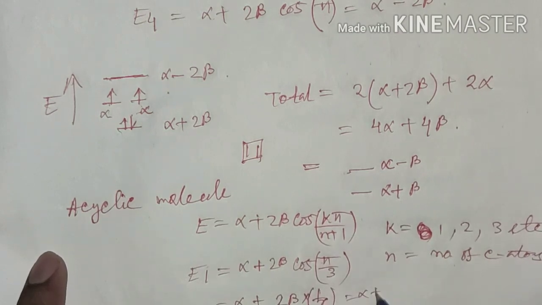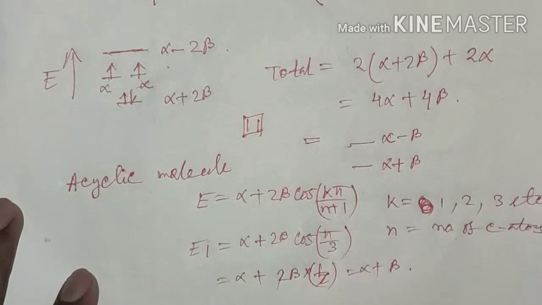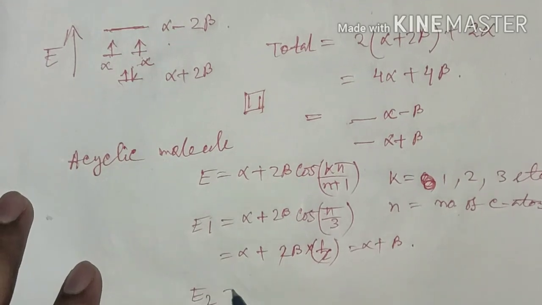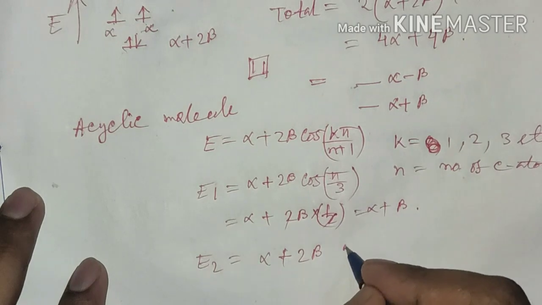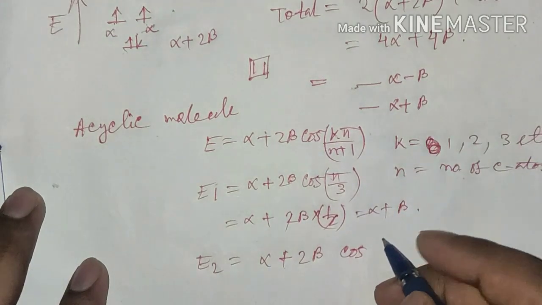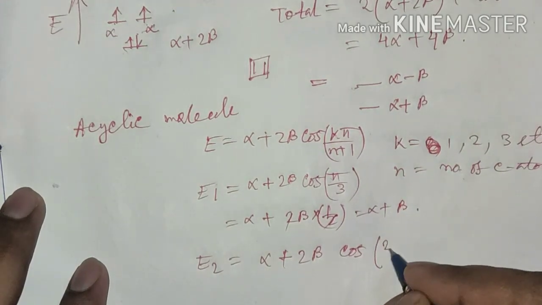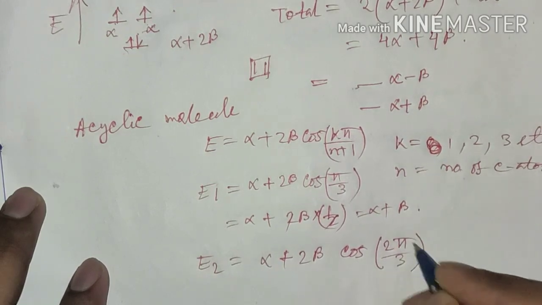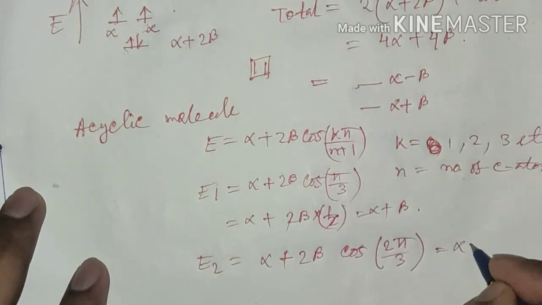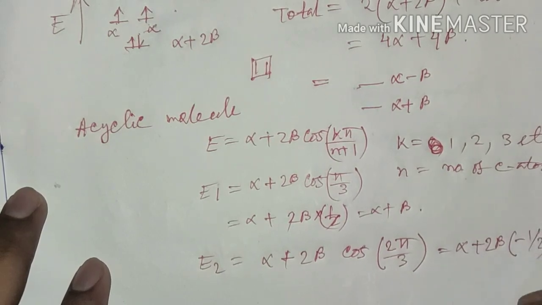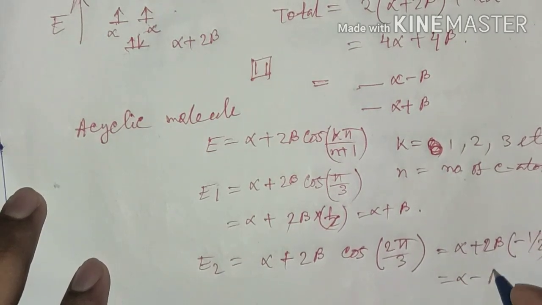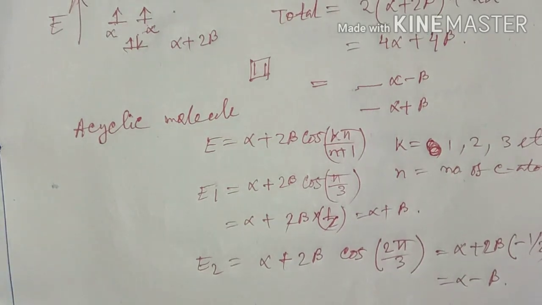So the first energy will be alpha plus beta. For the second orbital, the energy will be alpha plus 2 beta cos, where k will be 2, so 2 pi by 3. It is 120 degrees, and the value of cos 120 degrees is minus half. So the second orbital energy will be alpha minus beta.